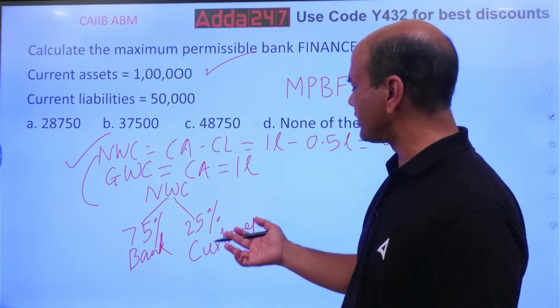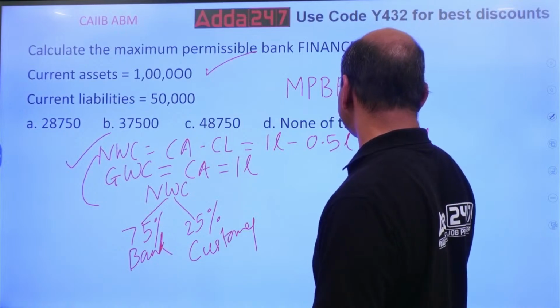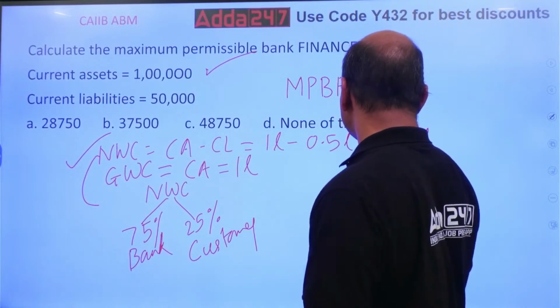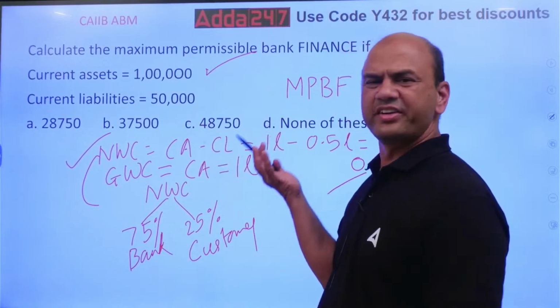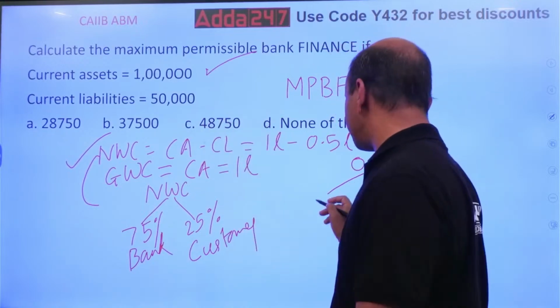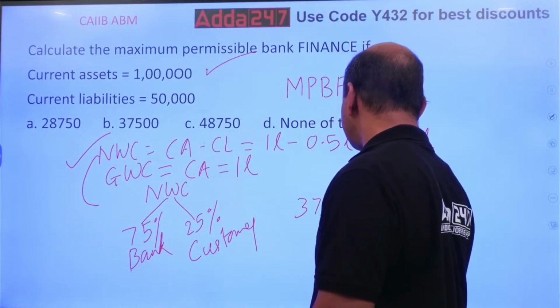So now your NWC is 0.5 lakhs. 0.5 into 75%. What is 75% of this? You'll get the answer 37,500 by the bank.